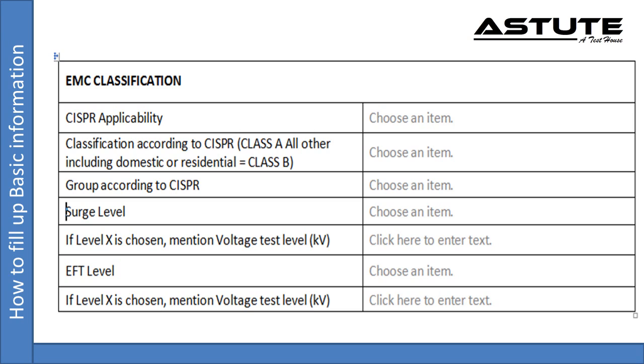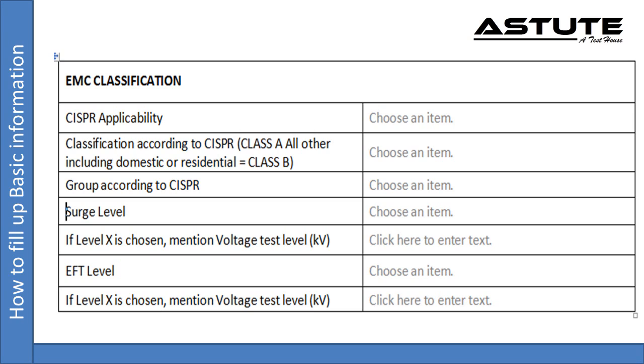Class B equipment is equipment suitable for use in domestic establishments and in establishments directly connected to a low-voltage power supply network, which supplies buildings used for domestic purposes.